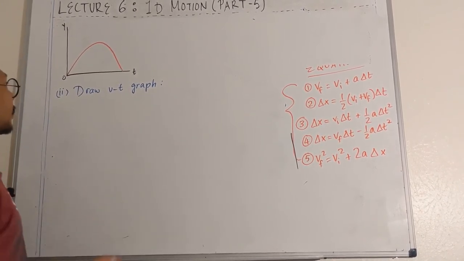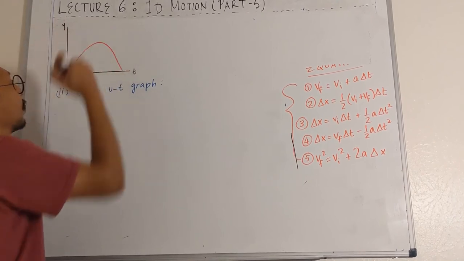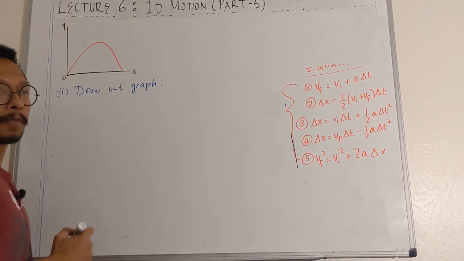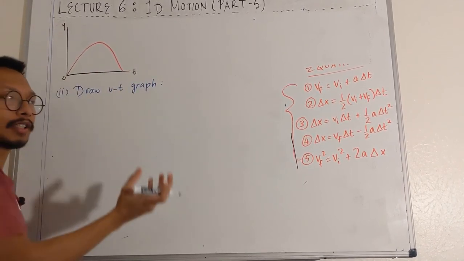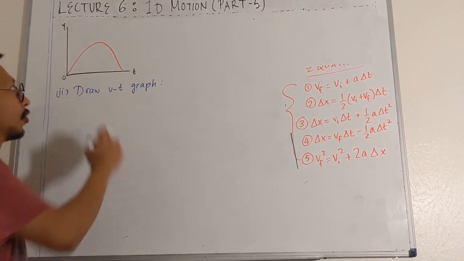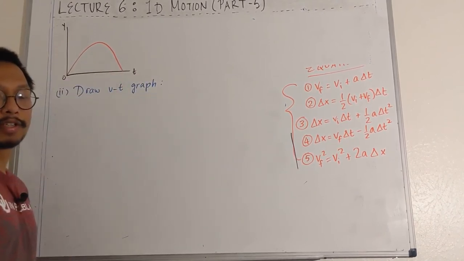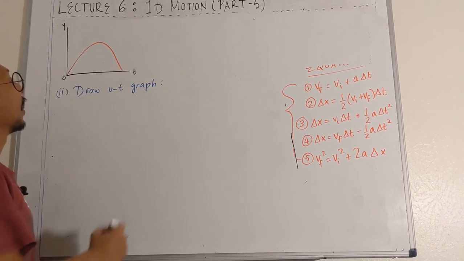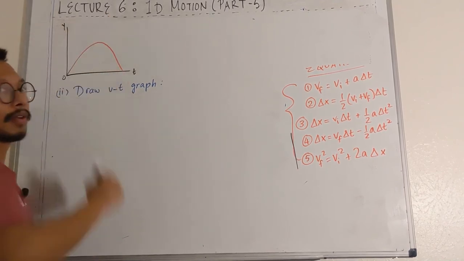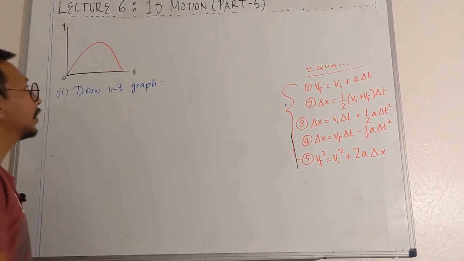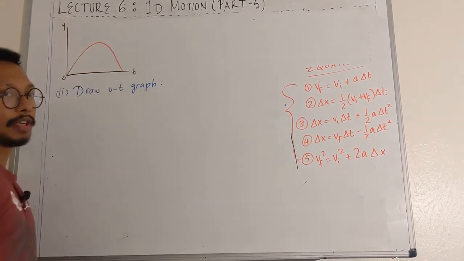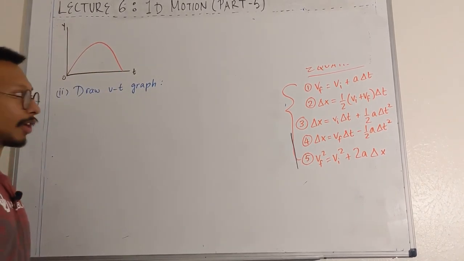So as we have so far discussed, before reaching the maximum height, the velocity is decreasing as the ball moves upwards. So the first part of the journey is a deceleration, and beyond the maximum height, the velocity is increasing in the negative direction.